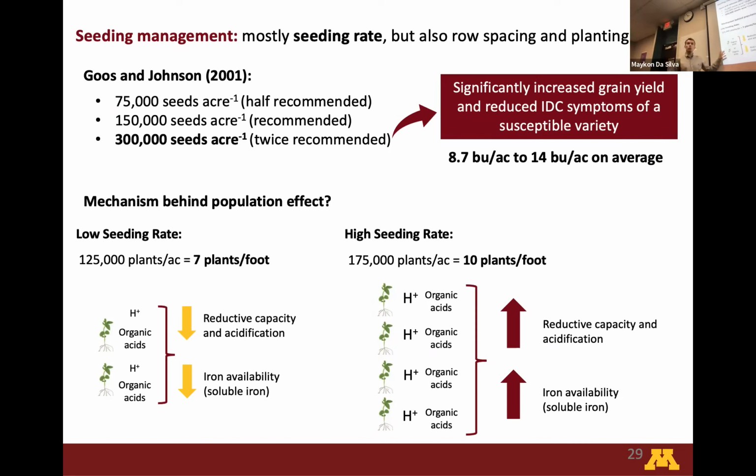However, when we have a low seeding rate, which means that we have a lower number of plants per unit of row, there is a lower amount of hydrogen protons and organic acids being released into the rhizosphere, decreasing iron availability.